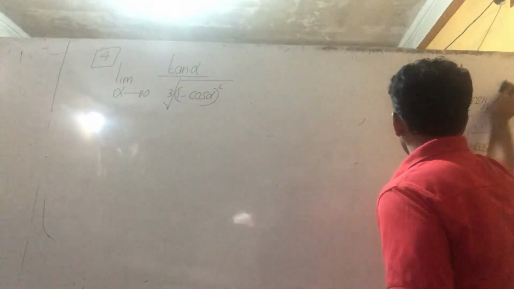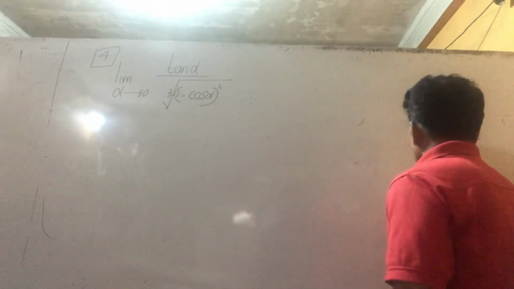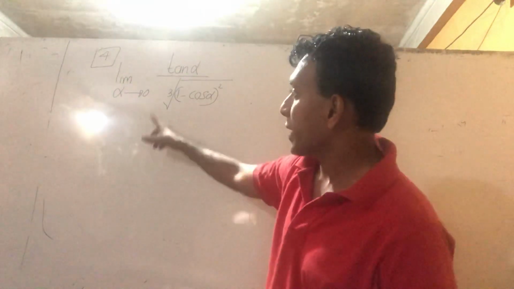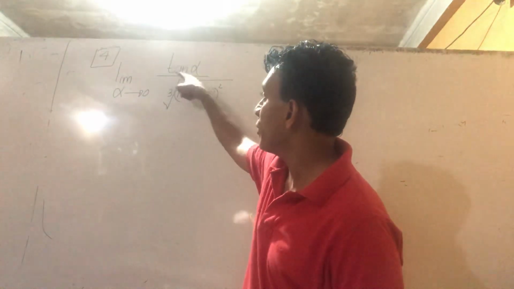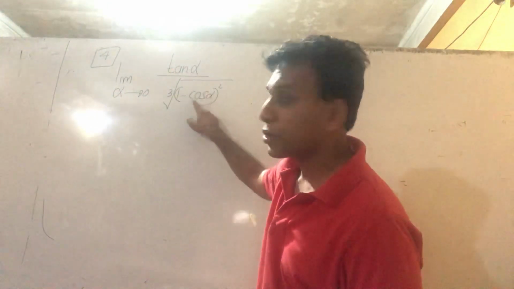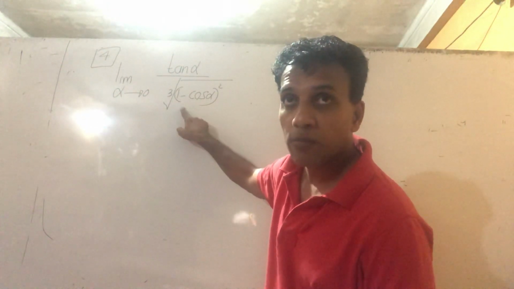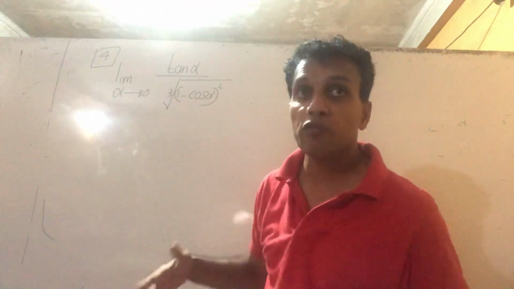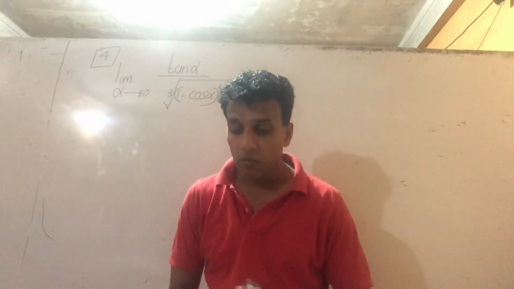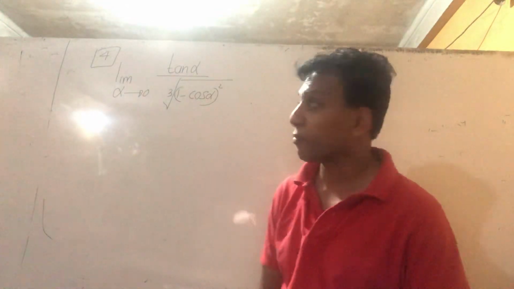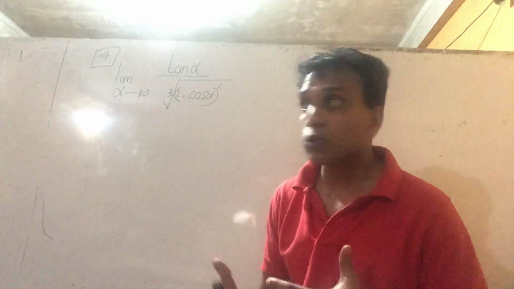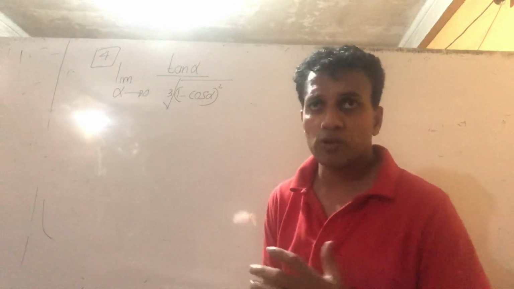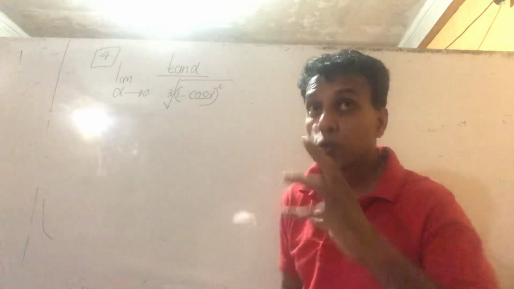So here, what is the idea of a limit? If you apply alpha to 0, what happens? Alpha to 0, tan 0 is 0, here cos 0 is 1, 1 minus 1 is 0, so 0 over 0, one of the meaningless forms, right? Therefore you have to use some idea. It's a good question. I hope you work this.